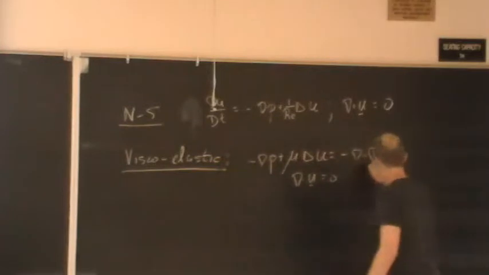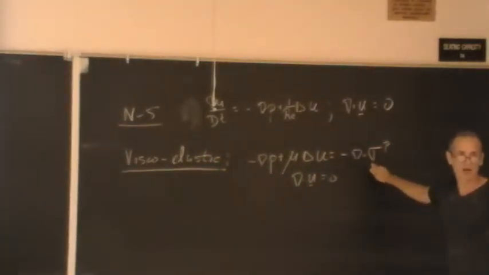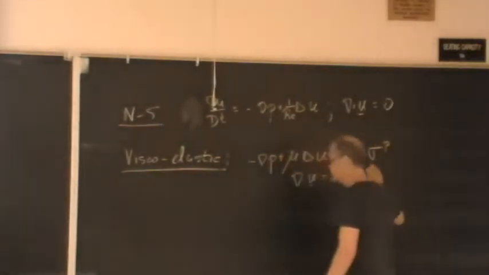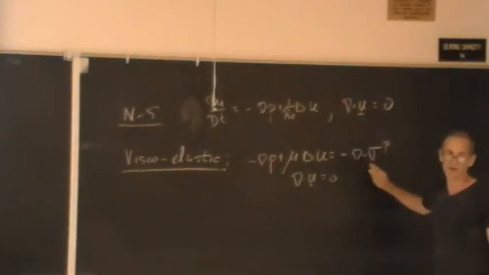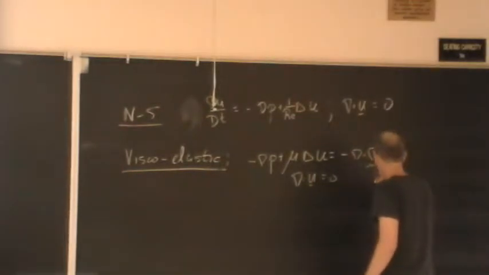But this is the stress that's induced by the presence of the polymers in the fluid. And this has a peculiar transport associated with it, which involves a convective derivative, but also other things. And that's what I'll talk about. So here there's nonlinear transport.